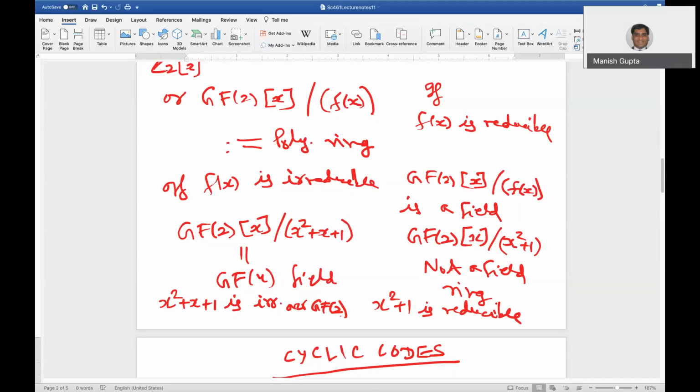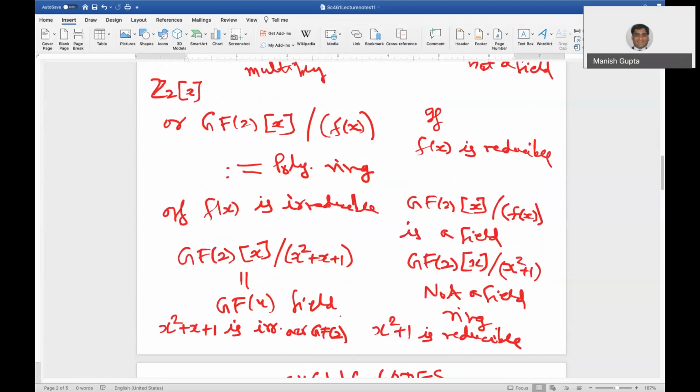So this is a basic difference. That means if we take a polynomial ring and divide it by a fixed polynomial of some degree, if f(x) is irreducible, the corresponding polynomial ring becomes a field. Otherwise, it is simply a polynomial ring. We can add, multiply, divide, subtract, and so on.